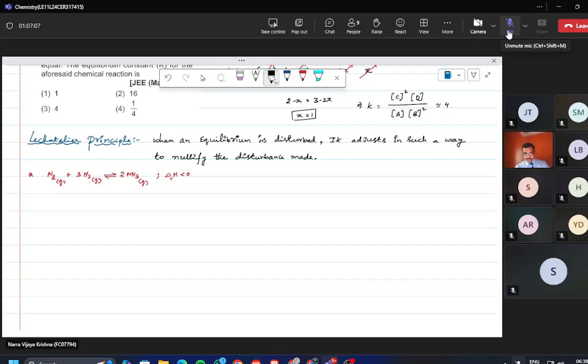H2, right? Condition 1. Can I call it increasing concentration of reactant? You told me to increase H2, na? So can I call it increasing the concentration of reactant? If I increase the concentration of reactant, what does the equilibrium have to do?